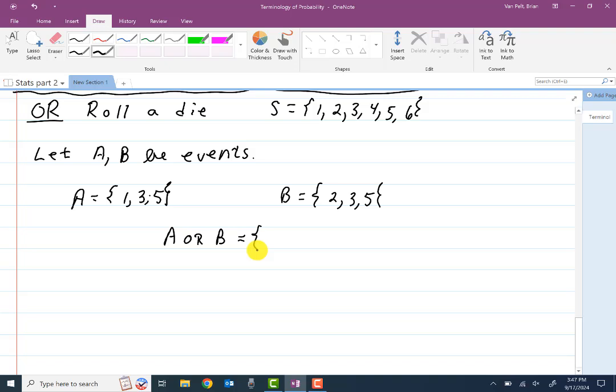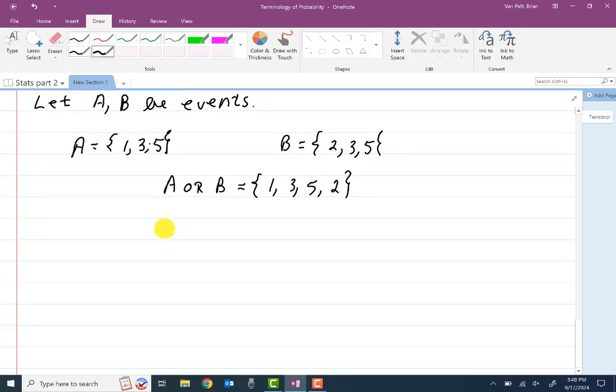So the way I do this is for A, I put 1, 3, 5. I've got all the items from A first. And then I look in B to see if there's any items in B that I have not already put in yet. So when I look here, I notice that I have not put the 2 in yet. However, 3 and 5, I already had those. So this is what A or B looks like.